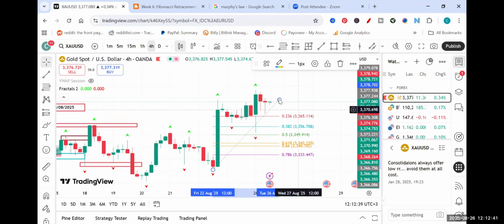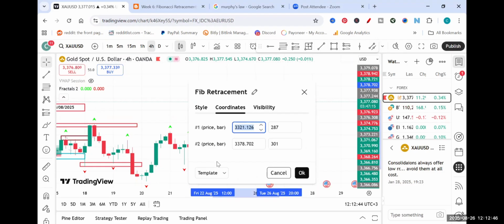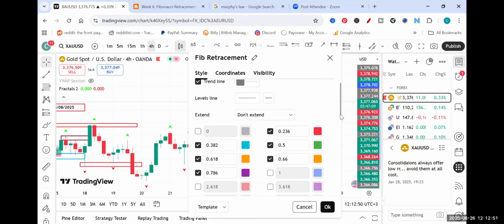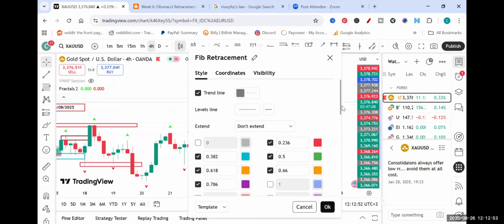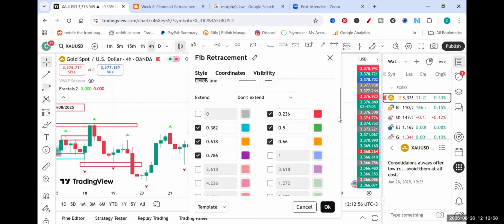You just highlight the tool and then you come to the settings. Once you come to the settings, we're going to start with the style, the first part. In the video, you're going to see more details on how to customize it, but now these are the levels that I like to use. We mentioned 0.236, we mentioned 0.382, we mentioned the psychological level 0.5, we mentioned 0.618 and 0.66, which is added, and then 0.786.